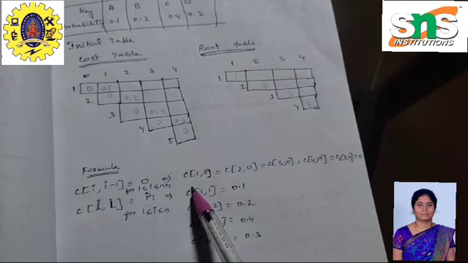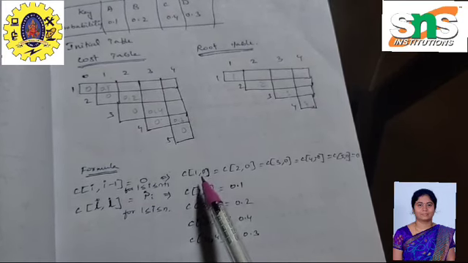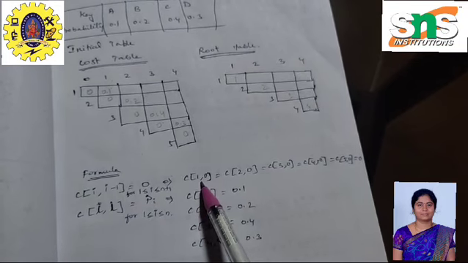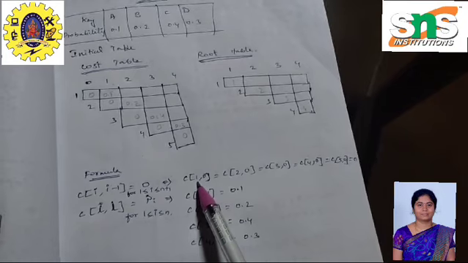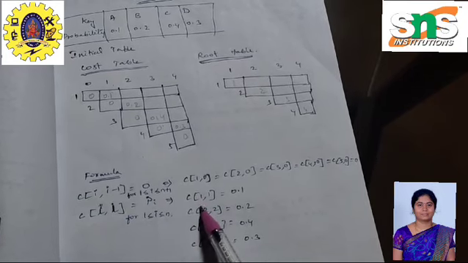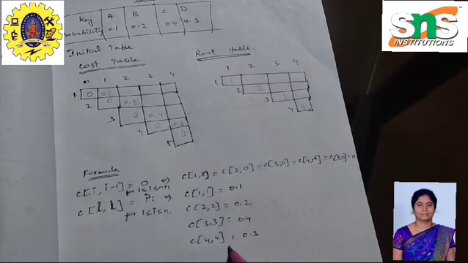And then I comma I: 1 comma 1, 2 comma 2, 3 comma 3, 4 comma 4.